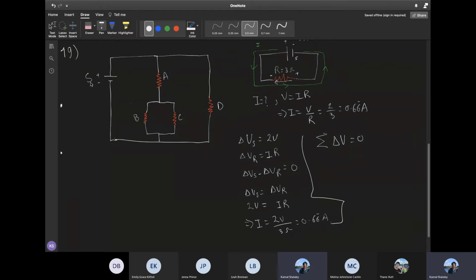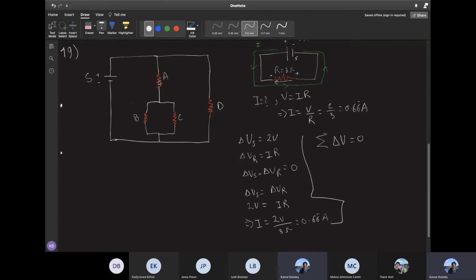Here we have a potential difference at the battery, and that creates a current that goes along the wires and passes through the resistance.